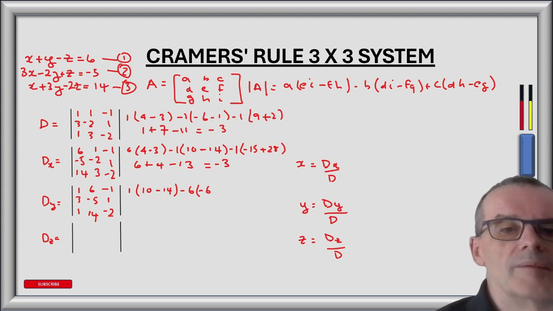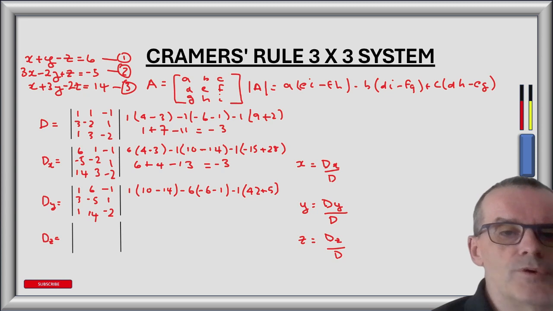And 1 times 1 is 1. It becomes minus 1. And then we have a minus 1 multiplied by 3 times 14 is 42. Minus, so it's a minus 5 times 1. So it becomes a plus 5.